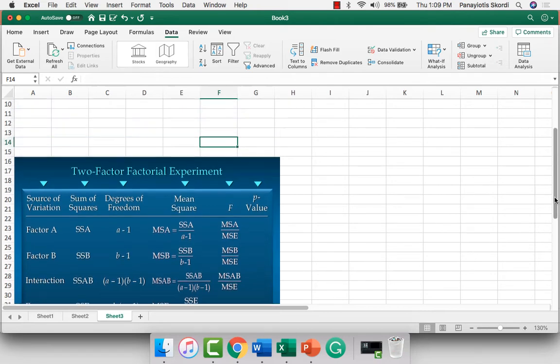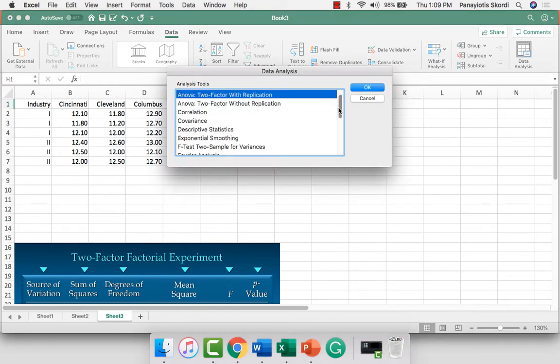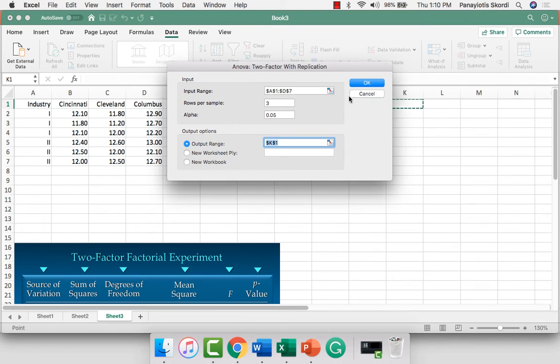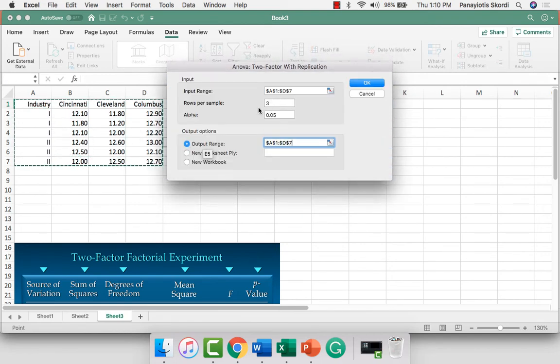So we can go into Excel and up here, and then we can ask Excel to do the work for us. So we've got data analysis. So this is going to be 2-factor with replication. And we're going to read in all our data. It's interesting, it doesn't ask you about labels, so it's actually expecting you to put everything in.